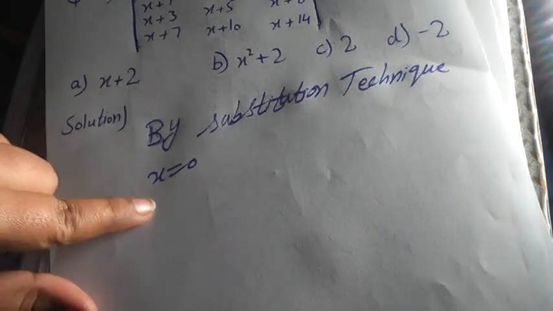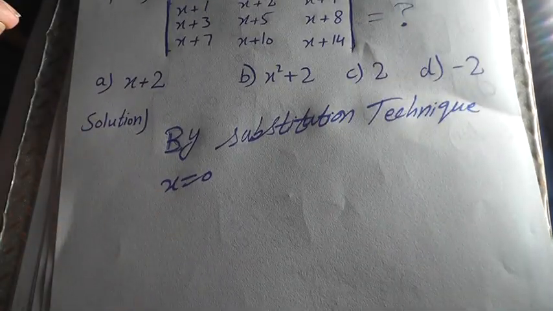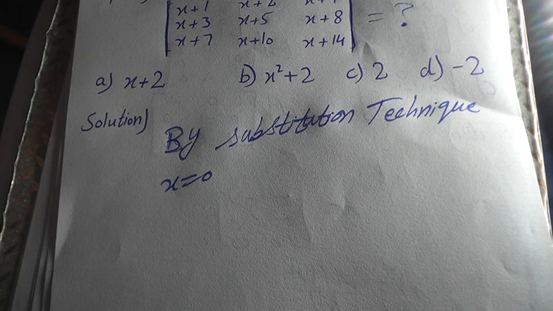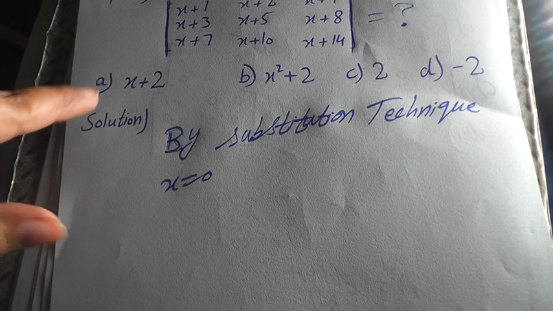If we take x is equal to 0, then the first three options are the same. It means that we cannot take x is equal to 0 here.